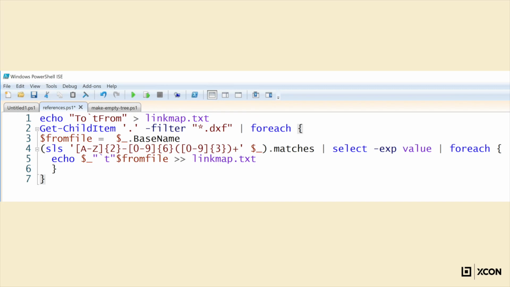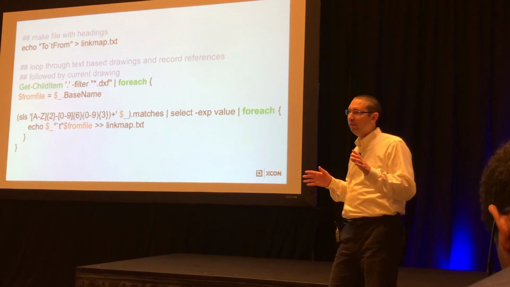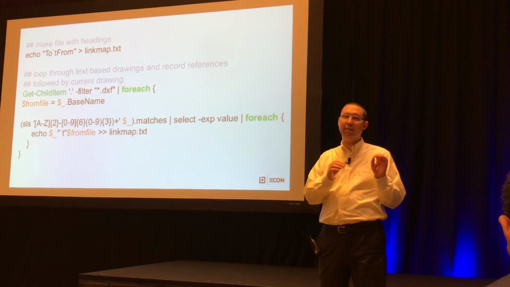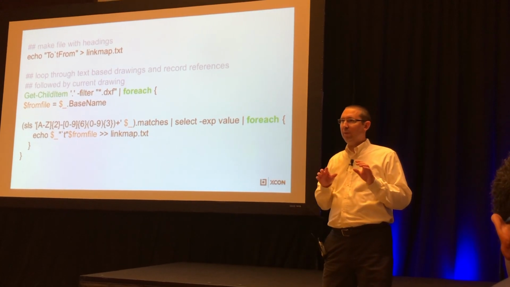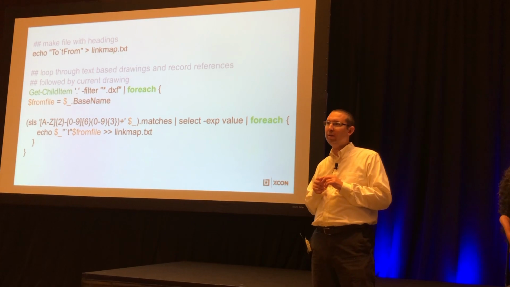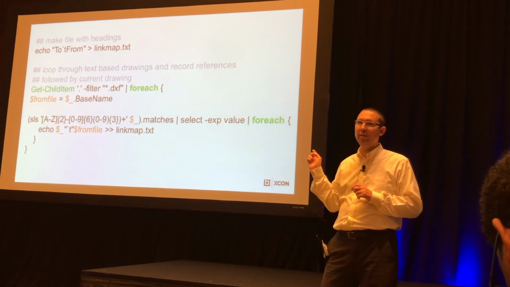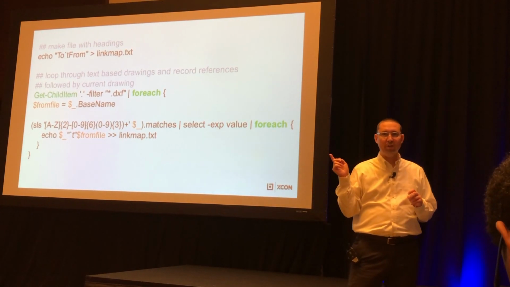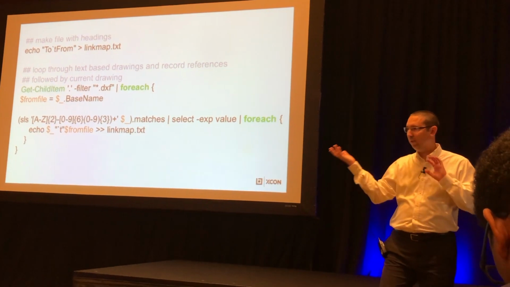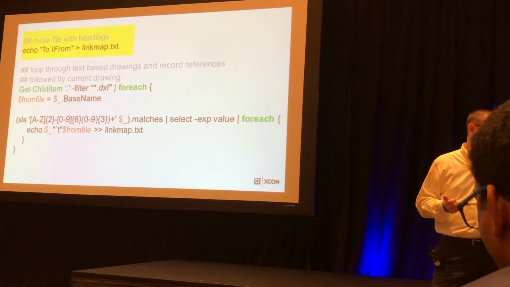is I had the designers batch convert all of their CAD files to the DXF format. The reason I use the DXF format is because I don't care necessarily what the drawings look like when that's done. DXF is a text-based file format, which means I can use PowerShell or something else to extract all of the drawing references. Remember those regular expressions that we talked about before? Well, this is using those as well.